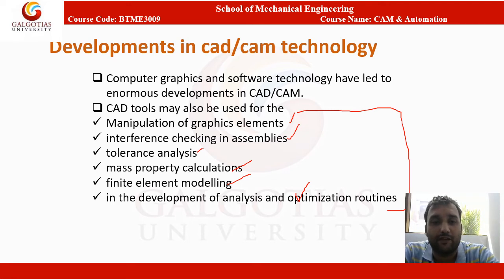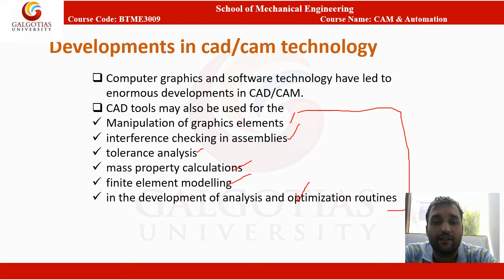First is the manipulation of graphic elements. Using the CAD software, we can manipulate or edit the graphic elements as per our requirement. Then, interference checking in assemblies. Once we have drawn any part or assembly in the CAD software, we can check the interference between two assemblies.